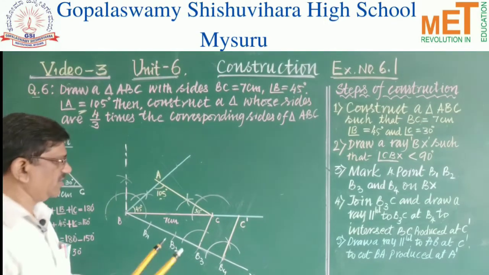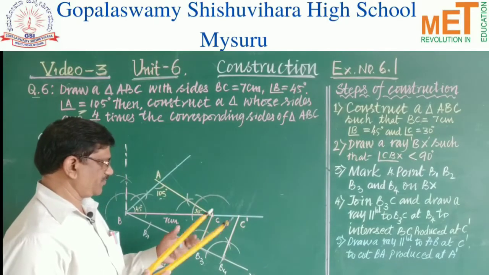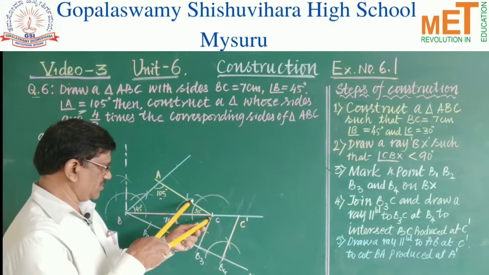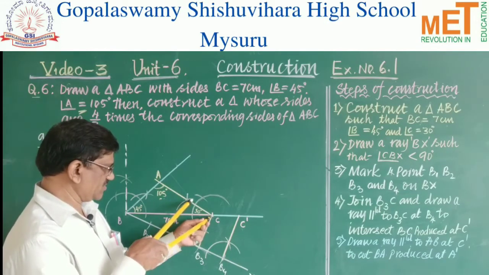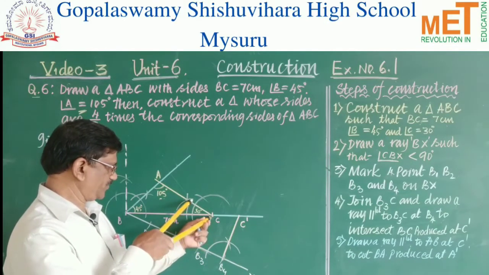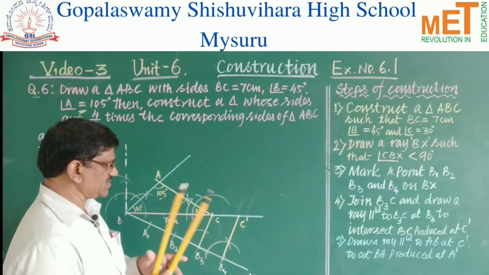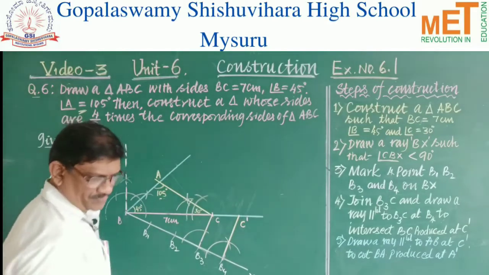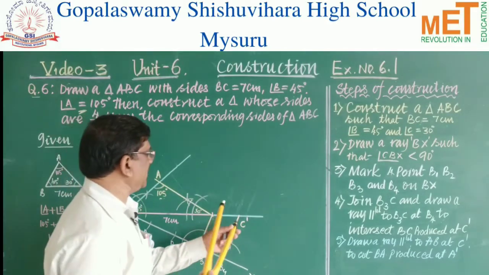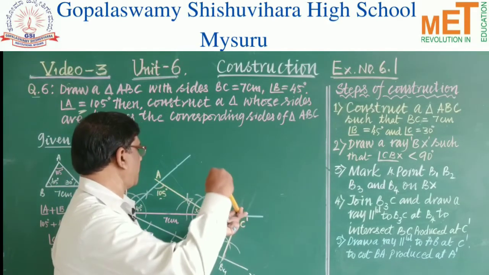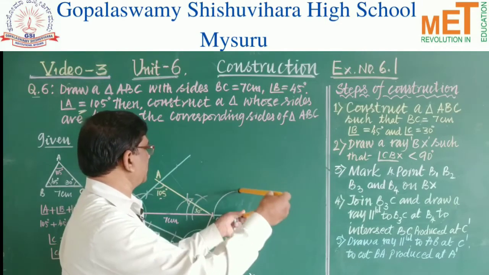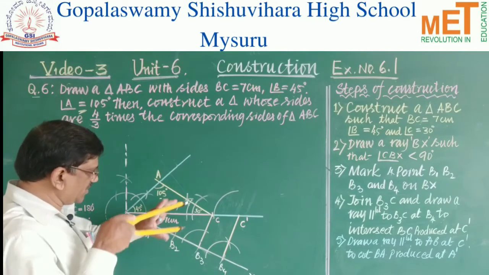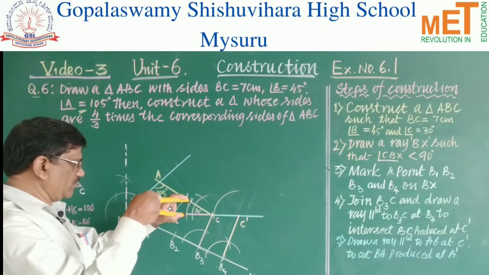with a convenient radius in the compass, with the C as a center, draw arc with the same radius, now with the C dash as a center, draw arc, okay. Now what is the distance between these two line segments?